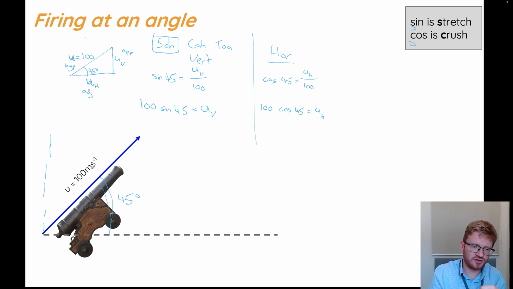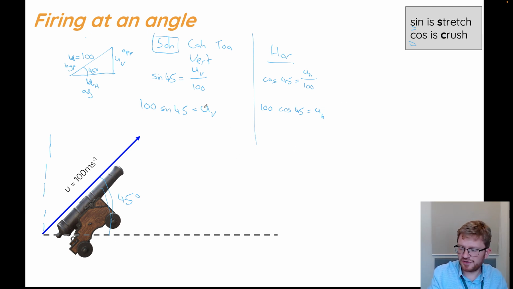So I can do 100 times the sine of the angle. Sine stretches the angle open to get the vertical bit. If I want to find the horizontal bit, I need to crush down on that angle. So I'm going to do 100 times cos of 45, and that will give me the horizontal component.